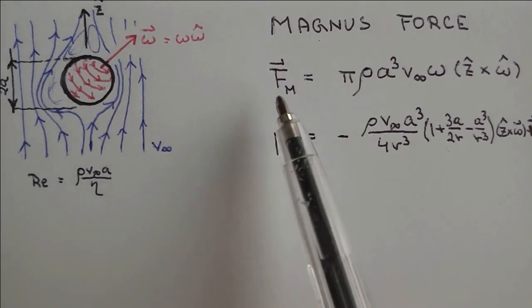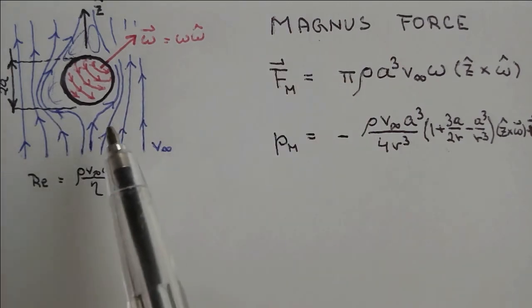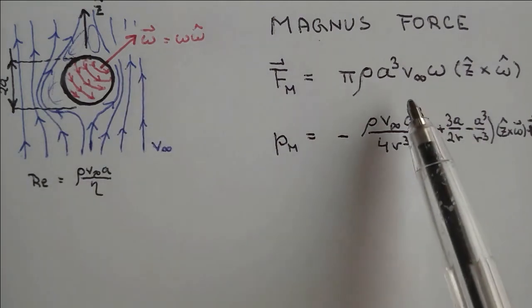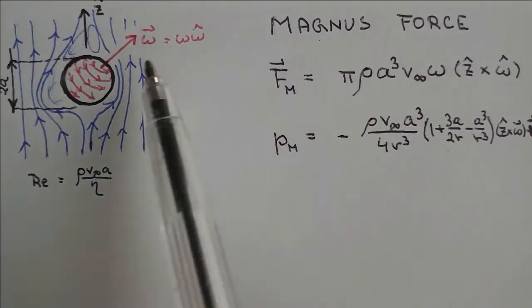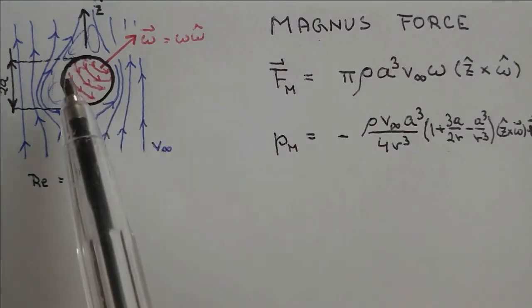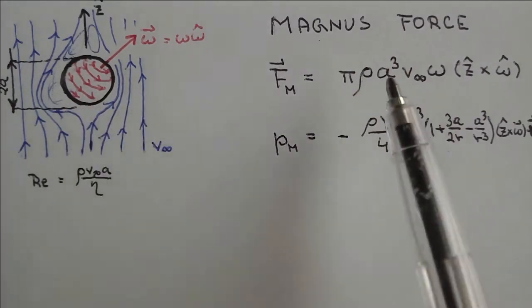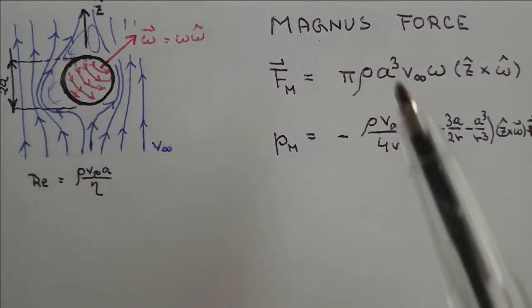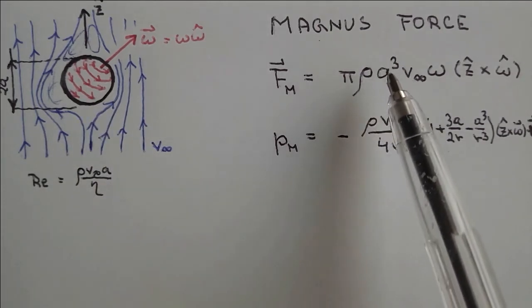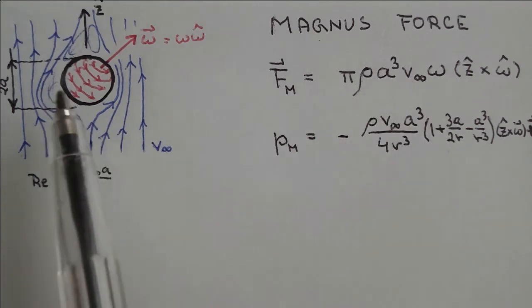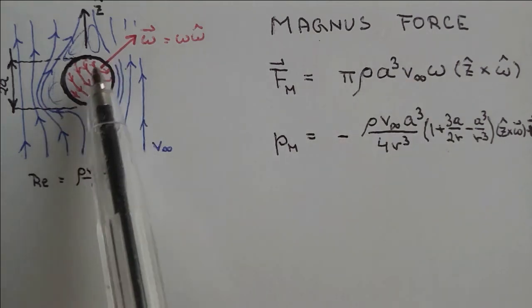You can see that the Magnus force is proportional to the velocity of the fluid, and proportional to the rotation: bigger curvature, bigger force. It is proportional to the density of the fluid and the dimension of the ball, a cubed. A is the radius of the ball.